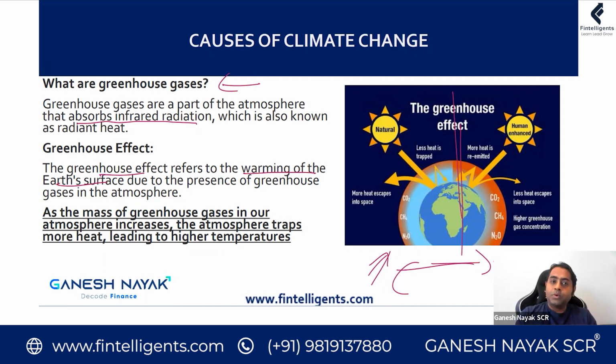Now, what is the impact? When the temperature on the earth increases because of those greenhouse gases, the atmosphere holds more and more heat, leading to higher temperature. And we know that because of the high temperature, the ice caps are melting and the sea level is increasing. That is the effect. So this slide primarily focused on two things: what is the greenhouse gas and what is the greenhouse effect?